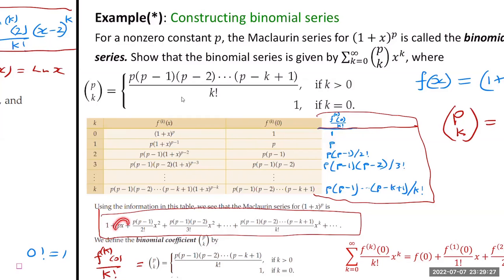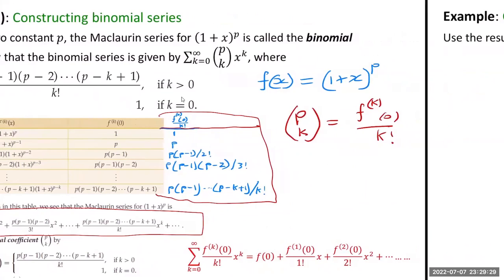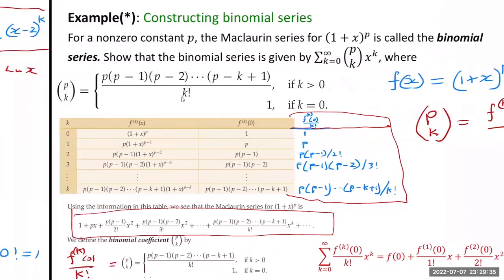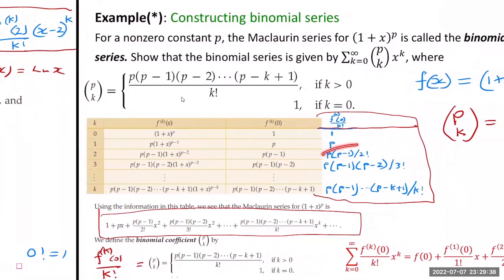So that's why you have p times x here. And then f''(0) divided by 2 factorial times x squared. f''(0) divided by 2 factorial is exactly this one. So you get the next term: p times p minus 1 divided by 2 factorial times x squared, so on and so forth. You can write down all the other terms.